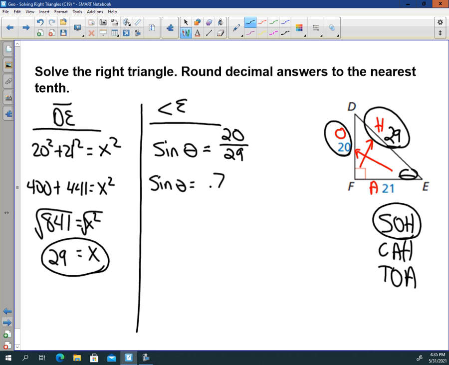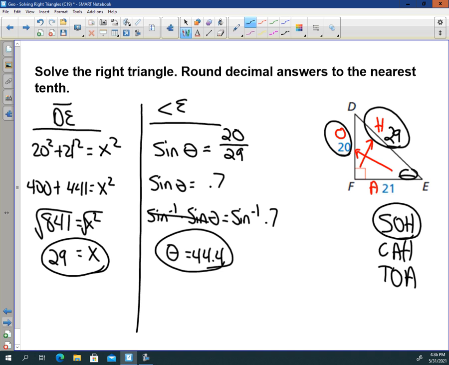So we're going to apply the sine inverse to both sides. In other words, we're going to take that sine inverse, and we're going to apply it to this side and this side, and that causes that cancellation. And so the angle is going to be the inverse sine of 0.7, and it appears to be a 44.4 degree angle.